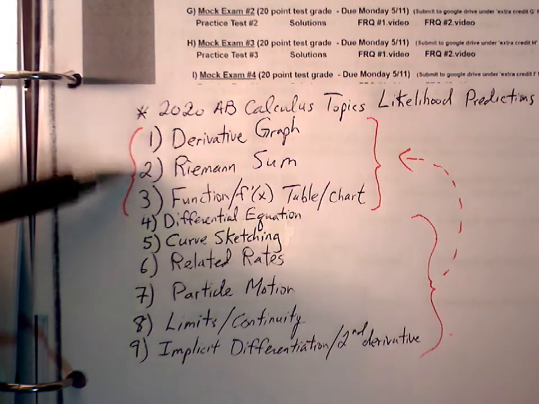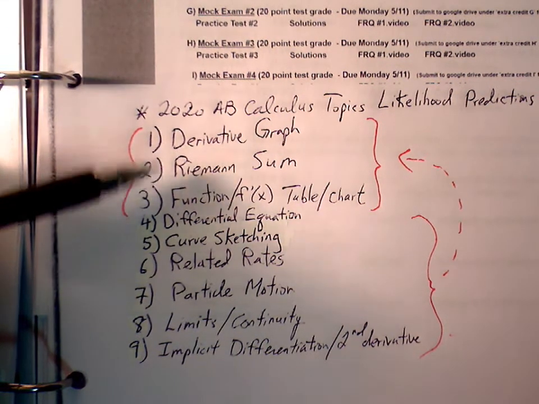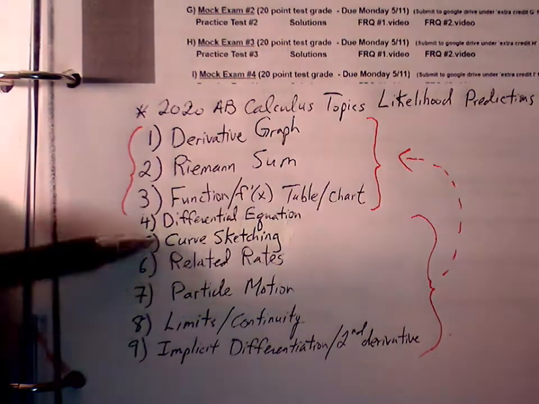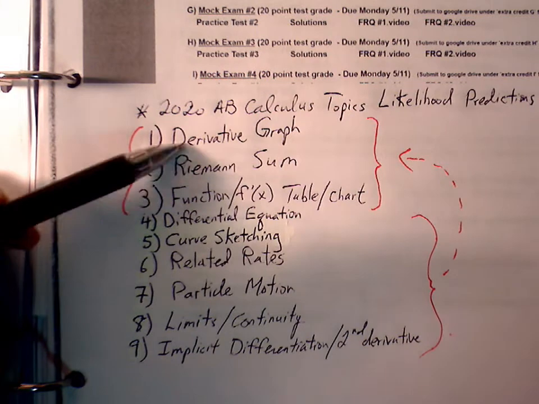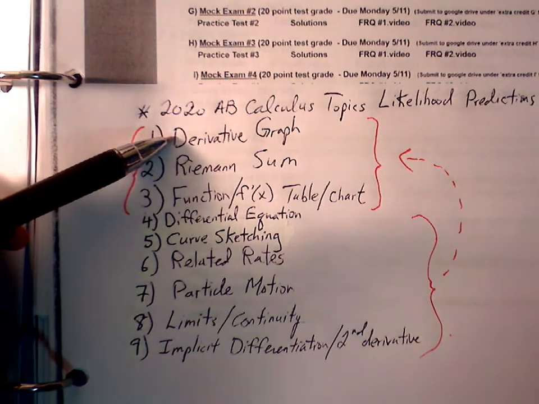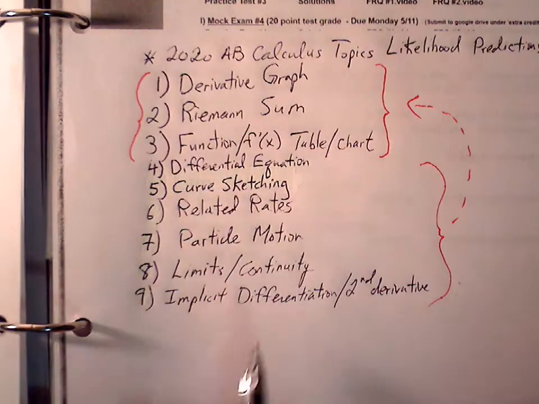The reason why I choose these two is because these provide a nice umbrella for the test writers to insert a lot of these other concepts within this starting point. With a derivative graph, they can easily insert curve sketching, related rates, particle motion, limits, continuity, implicit differentiation.